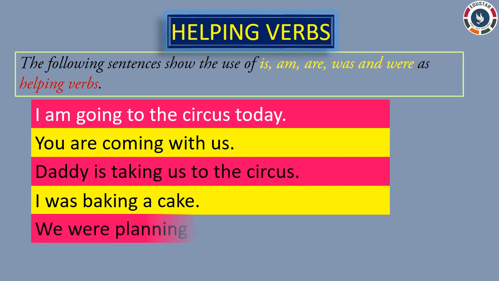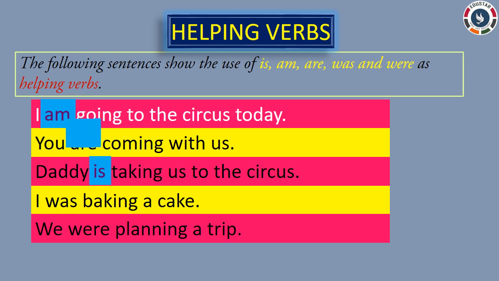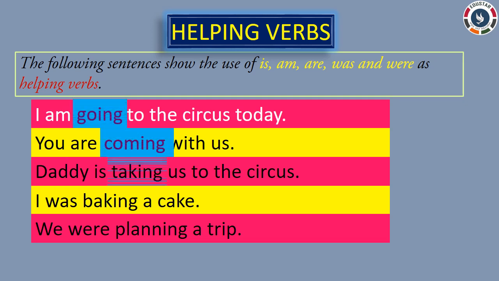We are planning a trip. The verbs am, is, are, was and were are used as helping verbs. And the verbs going, coming, taking, baking and planning are used as the main verbs.